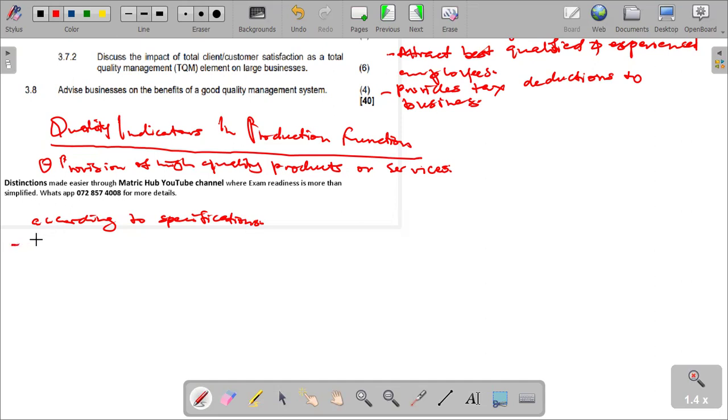So two, clear communication of roles and responsibilities to the production workforce.